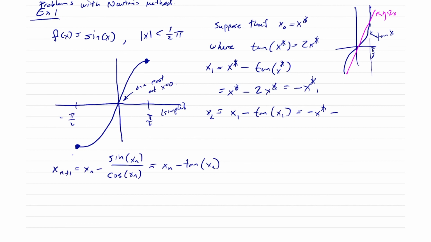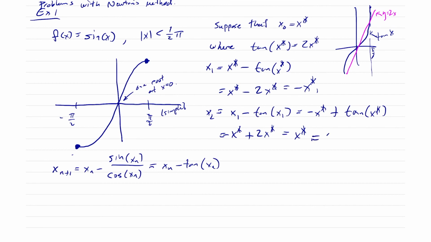x1 is minus x star, and tangent of x1 is tangent of minus x star, which is the same as tangent of x star times -1, because it's an odd function. Right? Well, that's going to leave us with minus x star plus 2 x star, and that gets us back to x star.